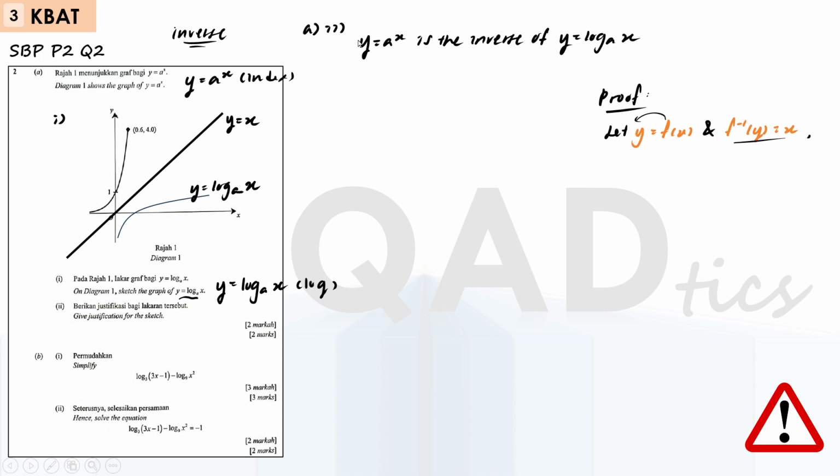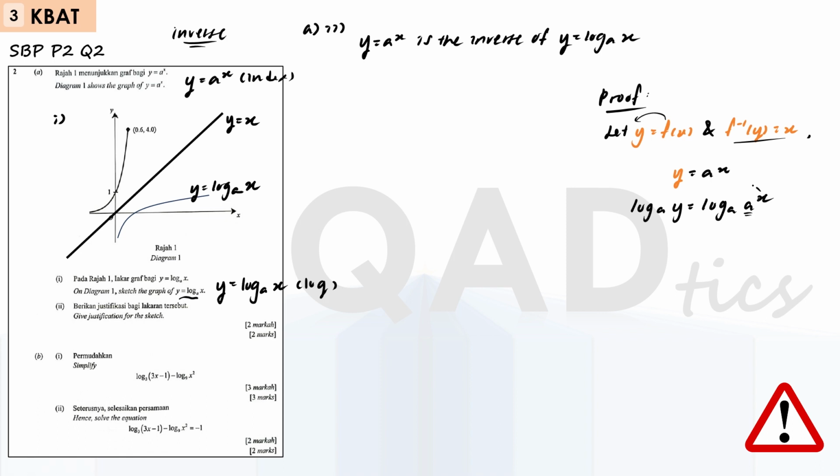Okay, so let's start off with this one, y equals to a power of x, and then let x as the subject. Okay, so if you want to pull this x to the front, we need to have log, correct? So both sides we need to apply log, and the base I will use a. Right, reason is because the value here is a.